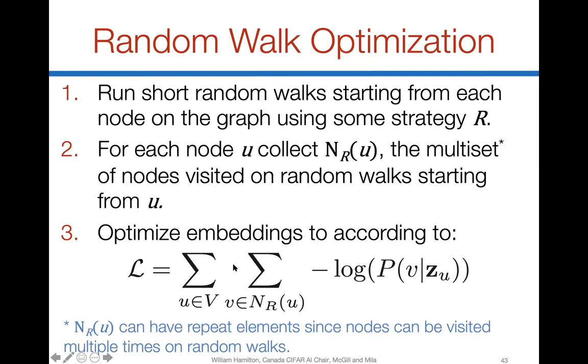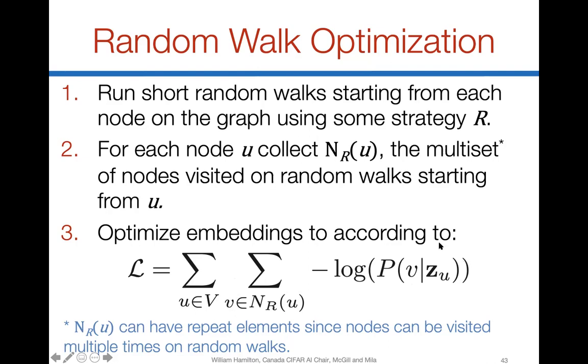Then I'm going to optimize my embeddings according to the equation shown down here. The basic idea is that I'm going to sum over all nodes in my graph. The next step is that for each node, I'm going to sum over all of the nodes that I saw on random walks starting from this node.